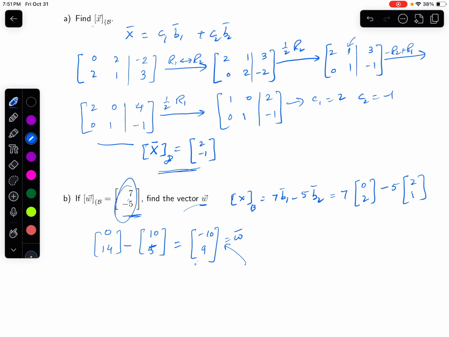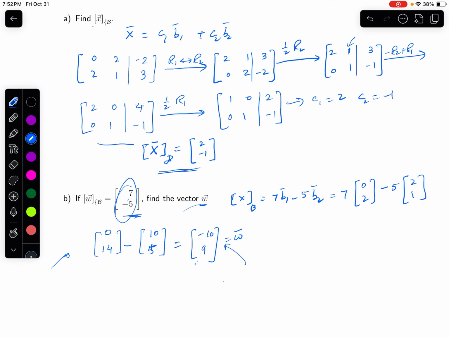So in this section we have learned how to go from a standard basis to basis B, and in part B we saw how to get from basis B to the standard basis. Now in chapter 4 we will learn how to go from basis B to a basis C. We can go from basis B to basis C by going via the standard basis.